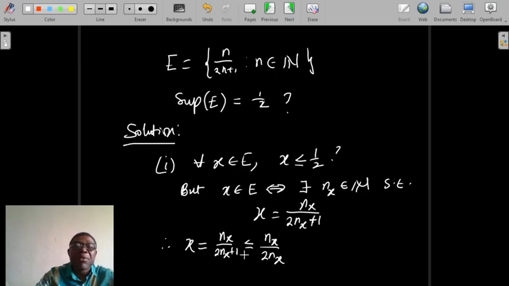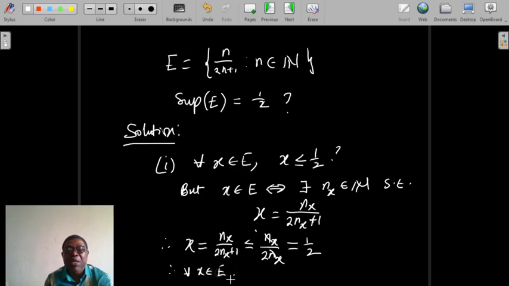So this is less than or equal to, and we cancel n_x, and this gives us half. So what this means is that for any x we pick in E, x is less than or equal to half.